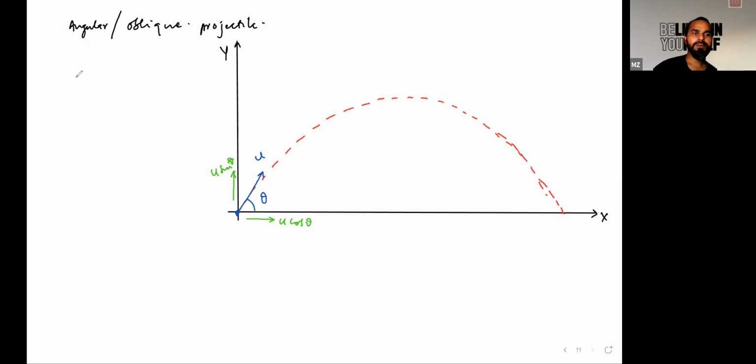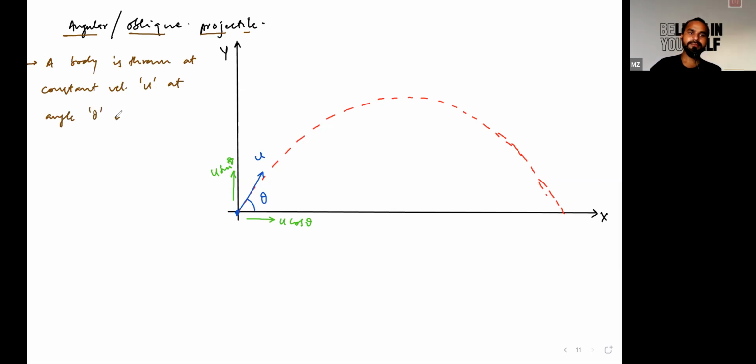So in this angular projectile, how will you obtain this expression? A body is thrown at constant velocity u at angle theta with horizontal.